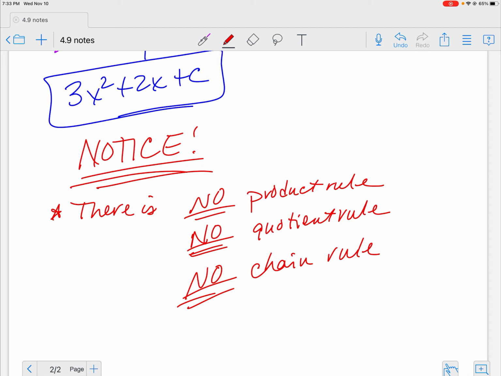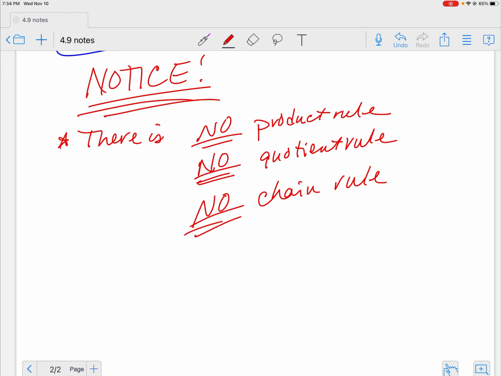When we are talking about integration, there is no product rule, there is no quotient rule, there is no chain rule. So there is no way for you to do that in here. Whenever you integrate, you can take the derivative that way. There's derivative rules for those, but not integration.